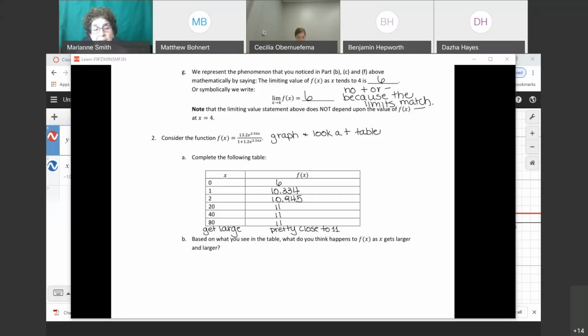It only carries so many digits after the decimal point. So as x gets large, my f of x value gets pretty close to 11. So I could say that the f of x values get close to 11.